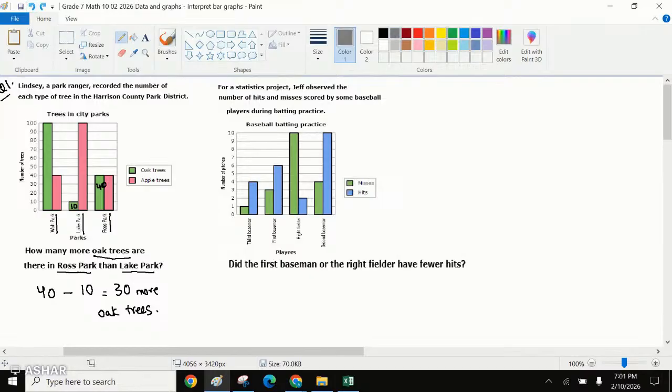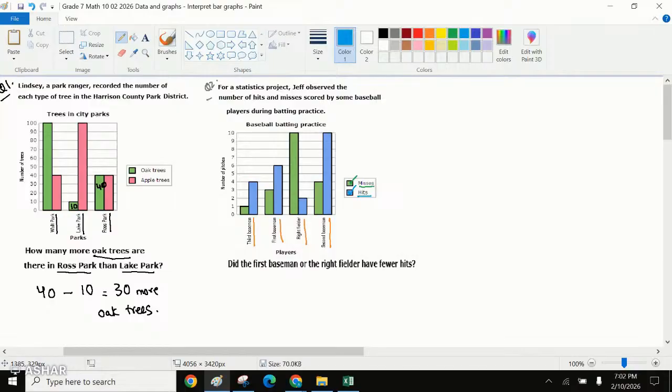So this is our question number 2. What we need to find? What it's showing us here is third baseman, first baseman, right fielder, and second baseman. The green shows us the misses, and the blue shows us the hits.